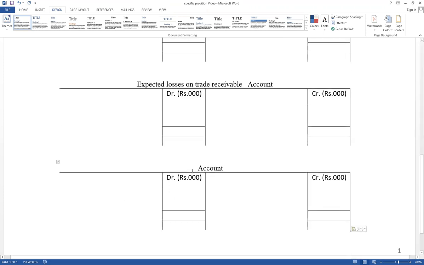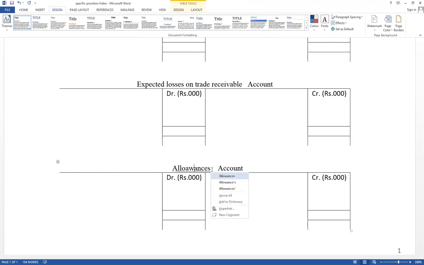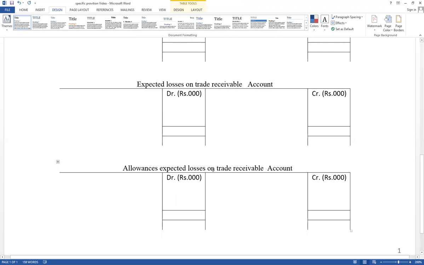Normally, there are 4 ledger accounts. Allowances for expected losses on trade receivable. It is equal to provision for doubtful debts.